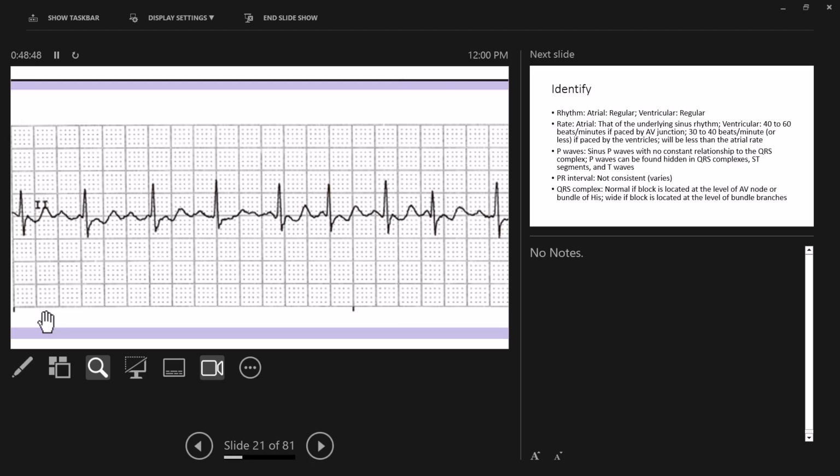As you see right here, this is actually a T wave, and if this were a flutter wave, this one would have to be pretty much the same size. All right, any questions on why this is MAT?